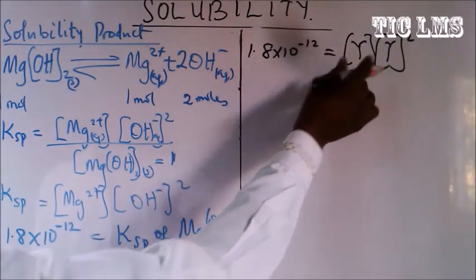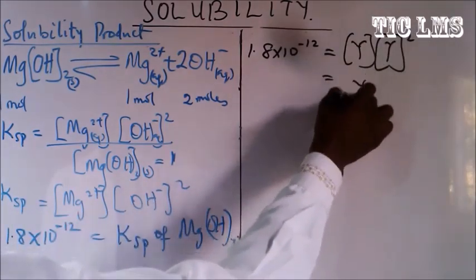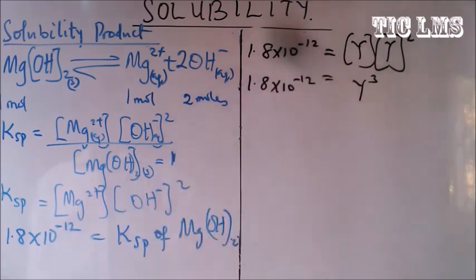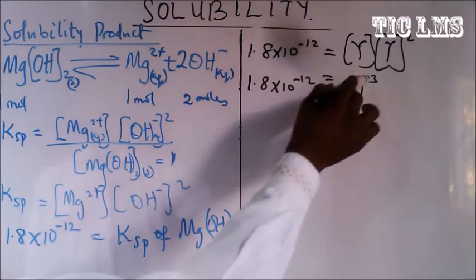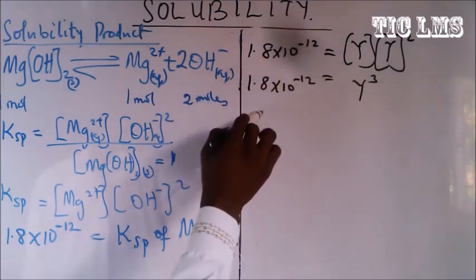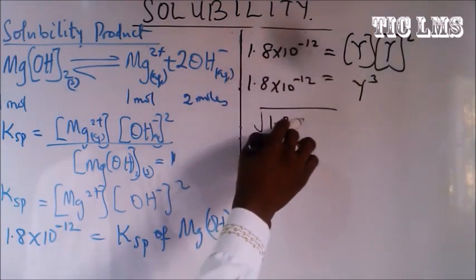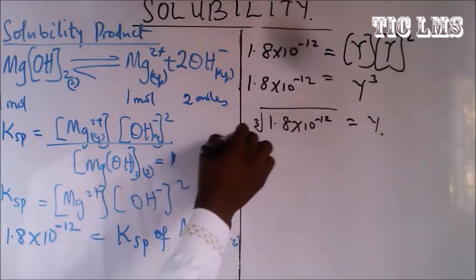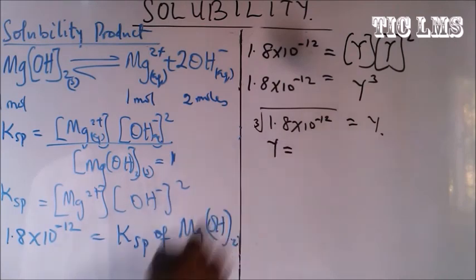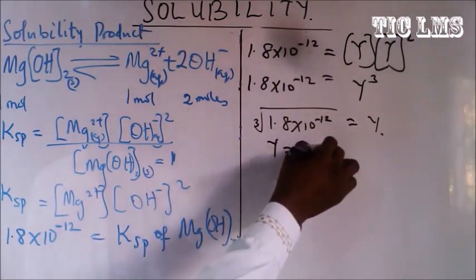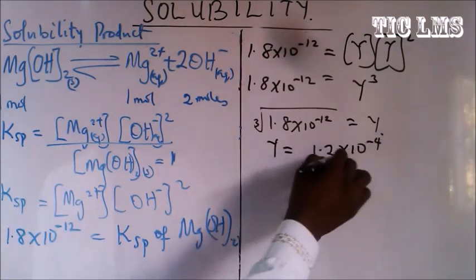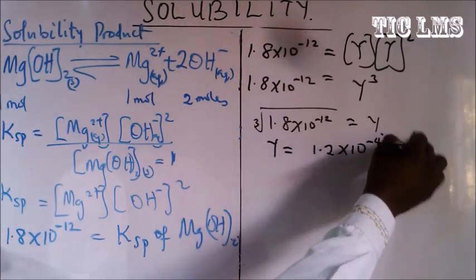Now this means y times y squared, that gives y raised to the power 3 equal to 1.8 times 10 raised to the power minus 12. Under rules of indices, this power 3 comes over here and becomes the cube root of 1.8 times 10 raised to the power minus 12 equal to y. So the cube root of this will be equal to 1.2 times 10 to the power of minus 4 mole per dm cubed.